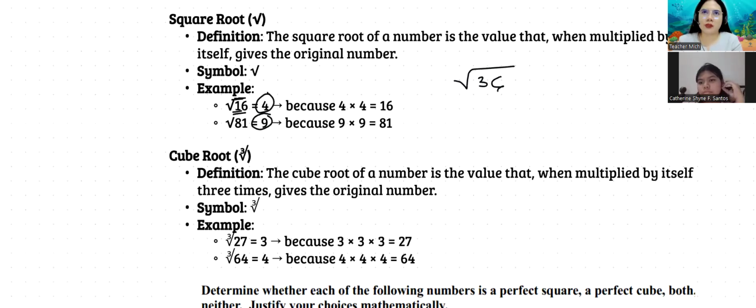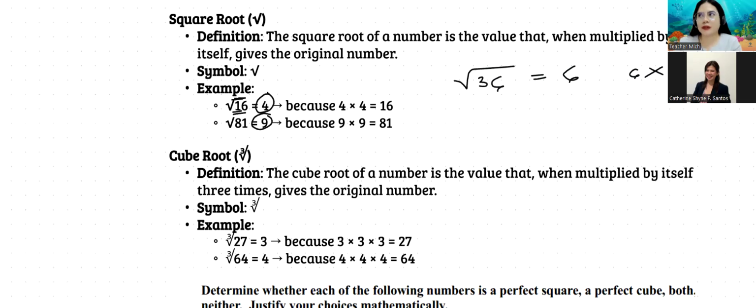It cannot be also 2 times 2 because that's only 4. How about 6? 6. Very good. So the square root of 36 here is 6 because 6 times 6 is equal to 36. And that is the number inside the radical sign.